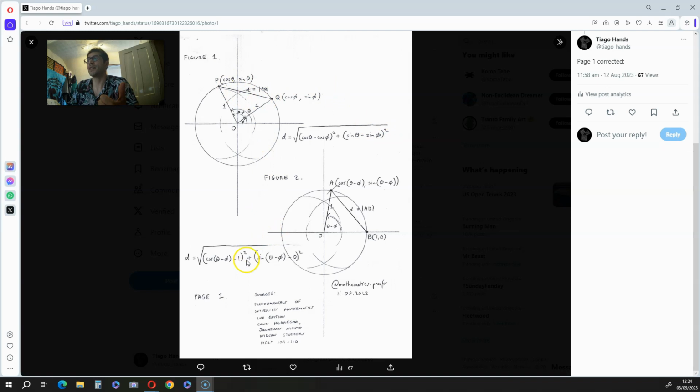And similarly, the distance from A to B is going to be the square root of (cos(theta minus phi) minus 1) squared plus (sine(theta minus phi) minus 0) squared. This change over here is very important because this 0 here can't be equal to 1. The coordinate B is the point (1, 0).